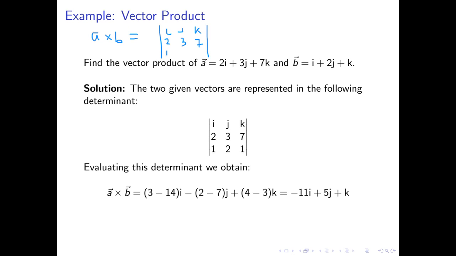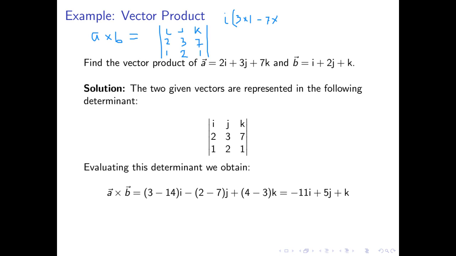Fine, beautiful. So let's pick for i. We will take i, then we close that column for i. So it's 3 times 1, minus 7 times 2.